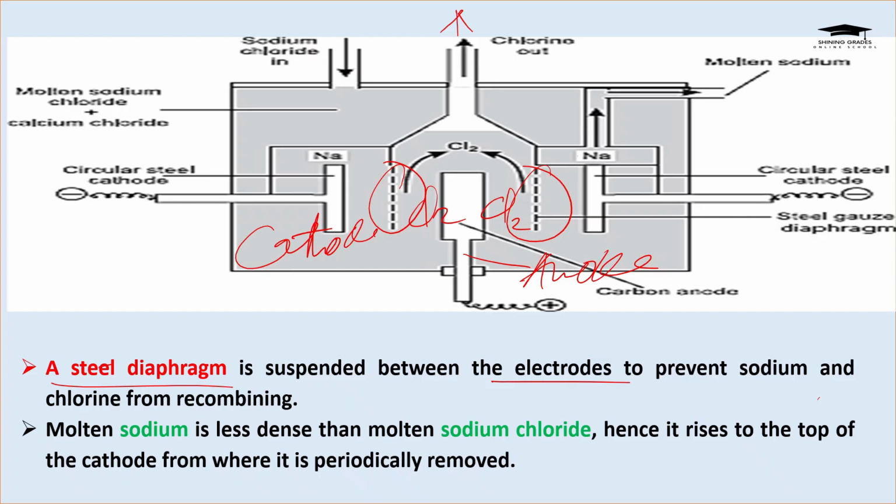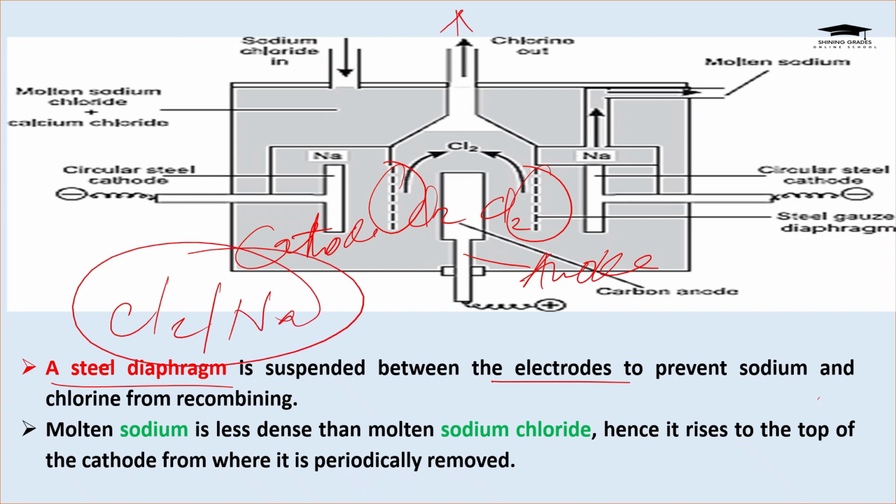That ensures that the end products of electrolysis, that is chlorine and sodium, do not recombine. This is because these two are very reactive. They react too fast. So there is need of separating the two to ensure that they do not recombine.